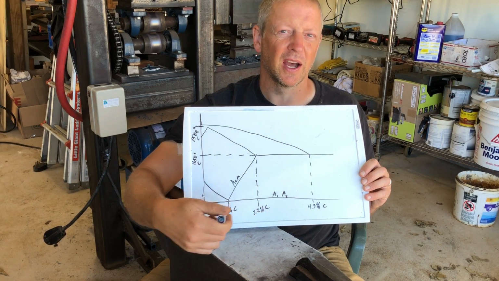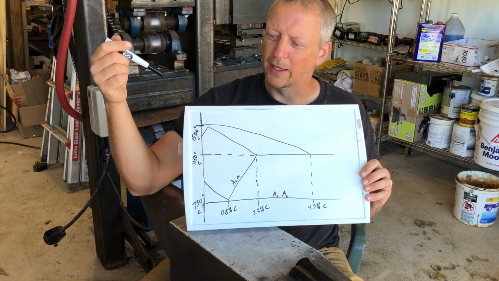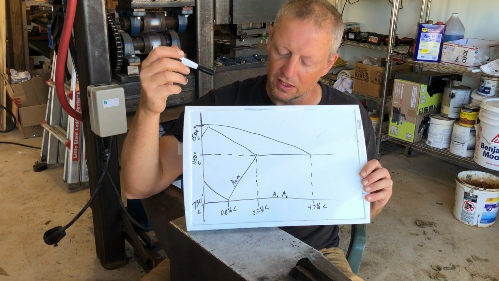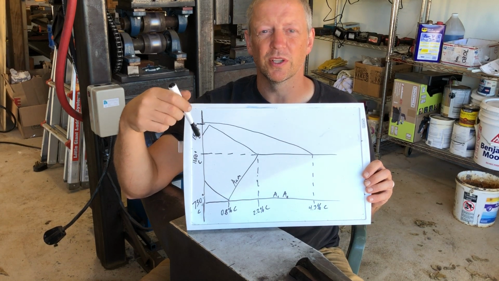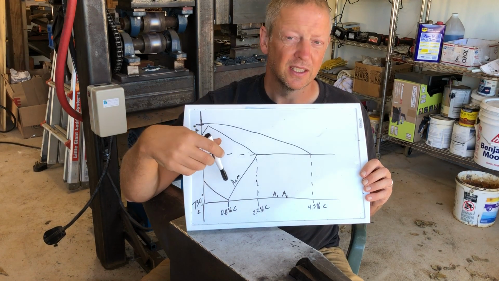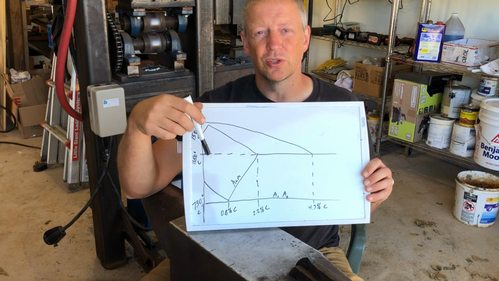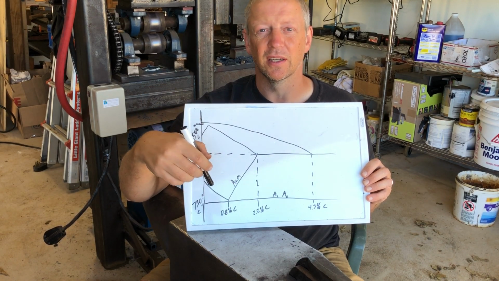And then carbon content across this axis. Now, the carbon content greatly changes what structures you're going to get at different temperatures. Essentially, this diagram tells you what structure you should have at a given temperature and a given carbon content.